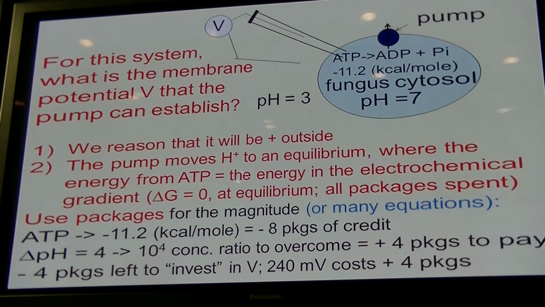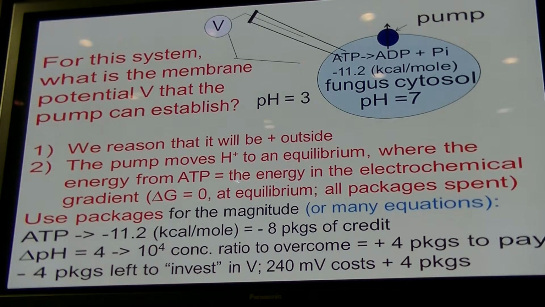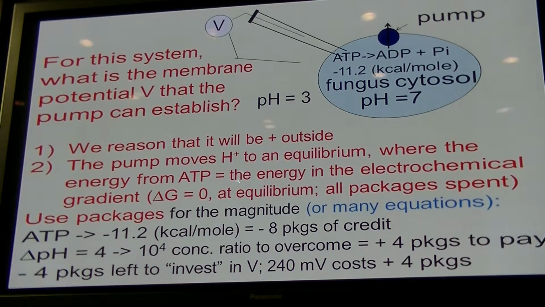Now the package size for membrane potential was 60 millivolts. And if we have 4 times that package to spend, then we can create a 240 millivolt membrane potential. If you practice with this, you can do it extremely quickly. And doing that at the exam means you have time for other more important stuff.